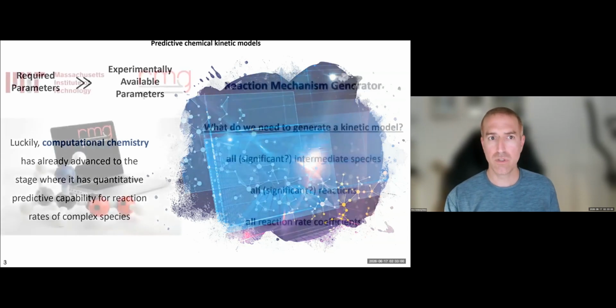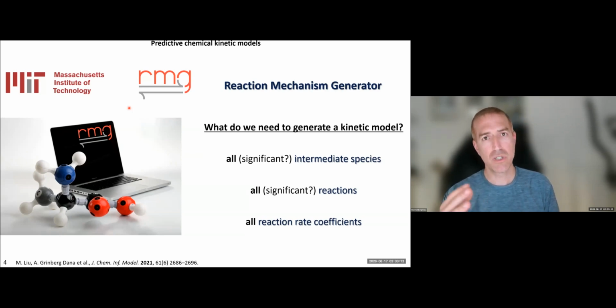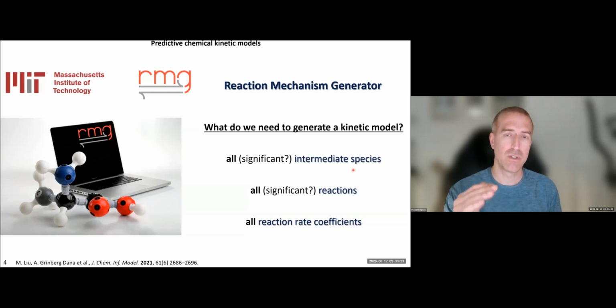The first software tool that I'll introduce is called RMG, the Reaction Mechanism Generator. RMG was built and is still maintained and built by the Green Group at MIT. And I'll introduce RMG in a nutshell. So what does it do? RMG has some tasks. The first one is to tell us what are the significant intermediate species in the model that we care about.